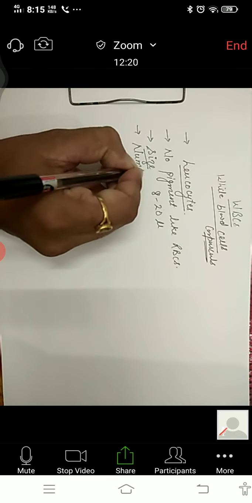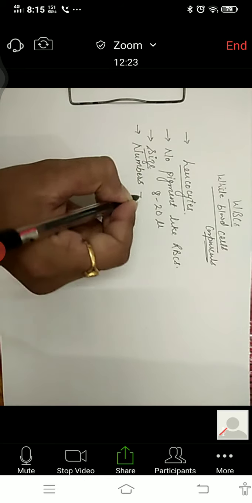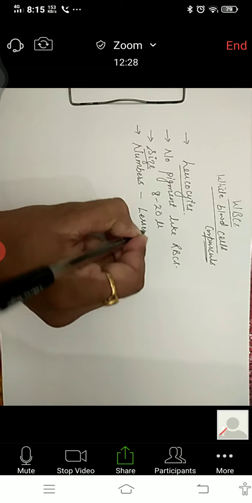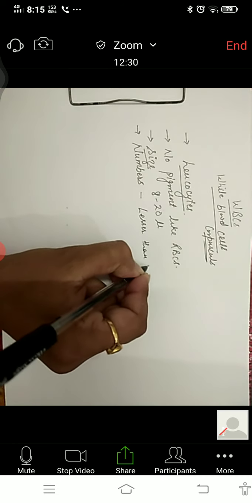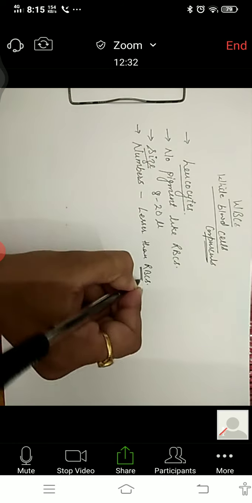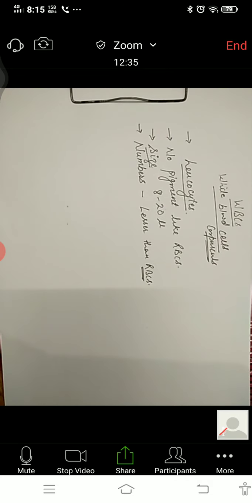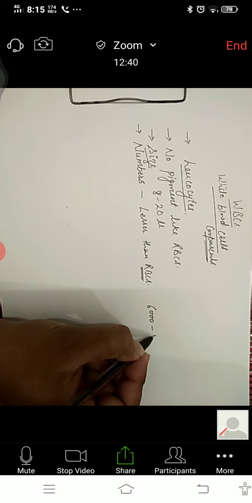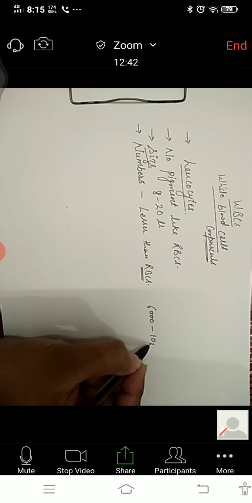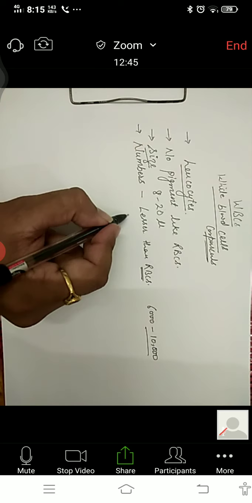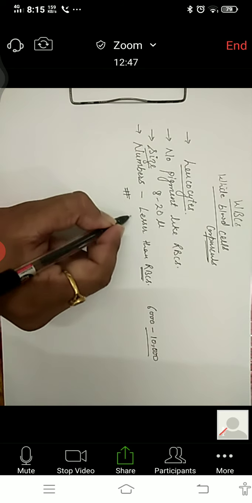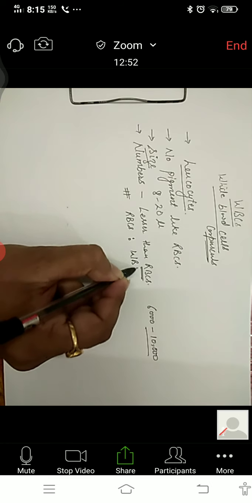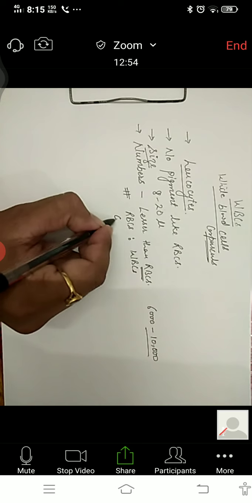Numbers: it is very less, lesser than RBCs. It is approximately 6,000 to 10,000 in number. It's an important one: the ratio of WBCs and RBCs is 600.